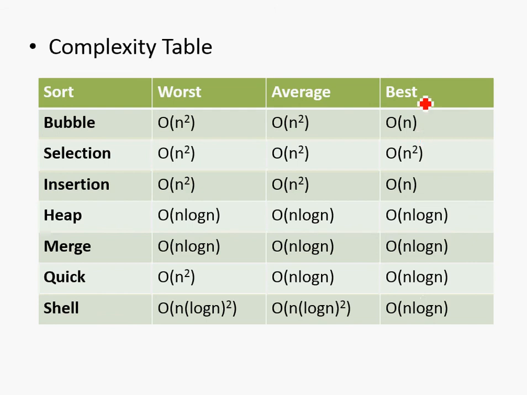We see the best case complexity for heap, merge, and quick sort is O n log n, and the best case complexity for bubble and insertion is O n. You can simply remember this chart. This will help a lot in all your exams. There is almost 1 to 2 questions in every exam related to complexity, worst case, average case, and best case. Very simple chart, you just go through it.